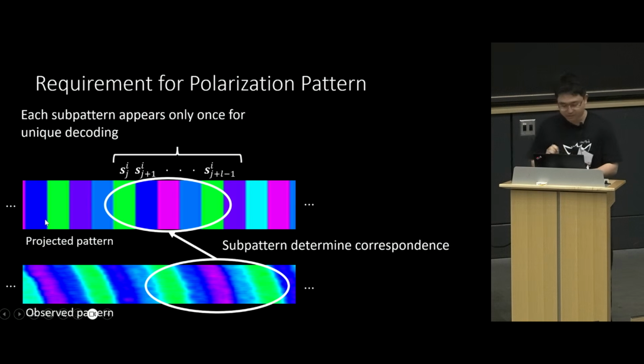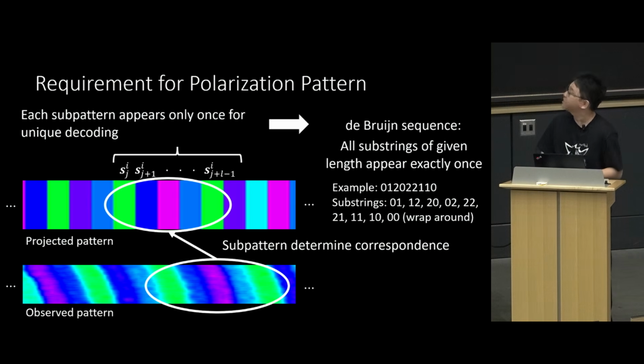Now, a de Bruijn sequence is suitable for this purpose. In a de Bruijn sequence, every possible substring of the given length appears exactly once. For example, this sequence is one of the de Bruijn sequences in which all two-length substrings appear exactly once.